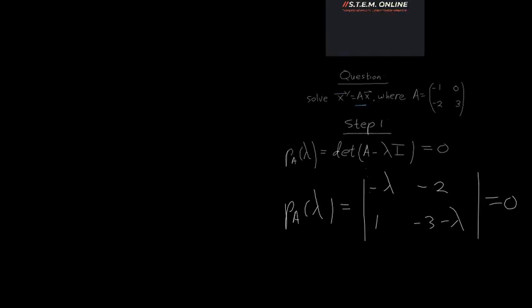Since it's a 2 by 2 determinant, we just need to cross multiply the entries and subtract.